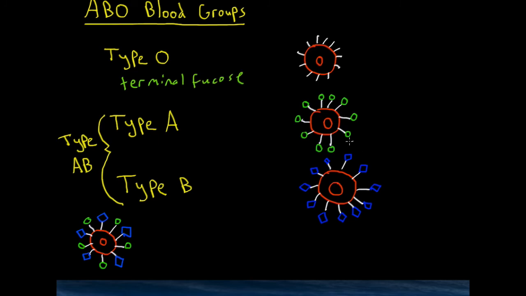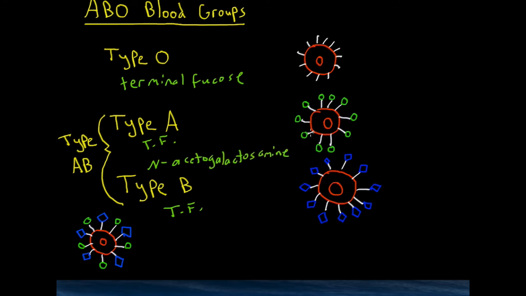And I've just represented that by these little white sticks. So for all of these blood groups, they all have this terminal fucose, as you can see here I've drawn it in. So it will always have the terminal fucose, which I'll just abbreviate as TF. So type A will have a terminal fucose, type B will have a terminal fucose. But the difference being that type A also has what we call an N-acetylgalactosamine.